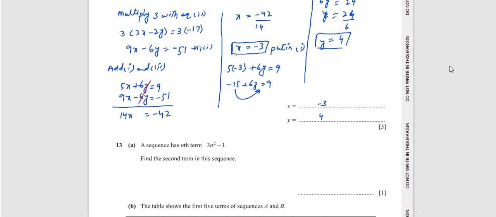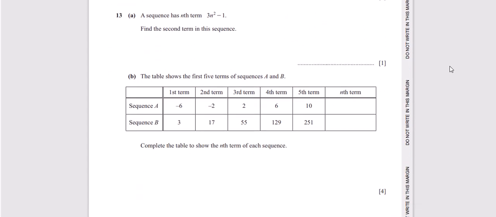Question number 13. A sequence has nth term 3n squared minus 1. Find the second term of this sequence. Second term means n is equal to 2. So put n is equal to 2 in this equation. a_n is equal to 3n squared minus 1.